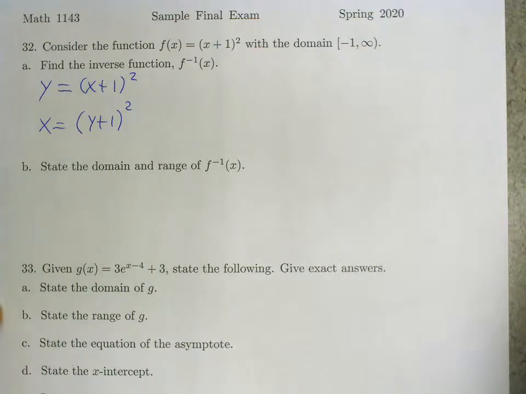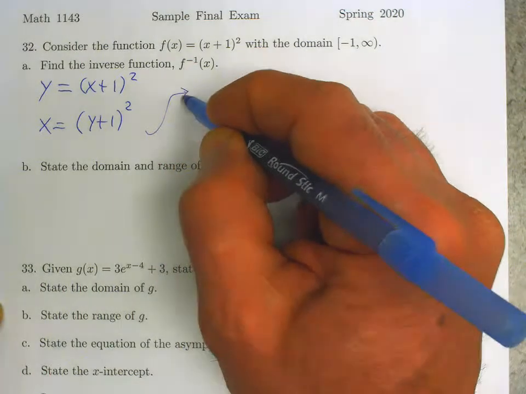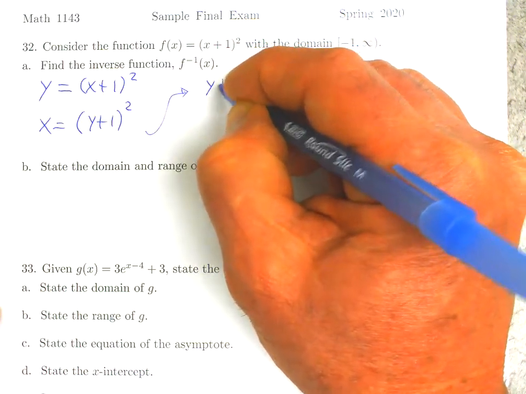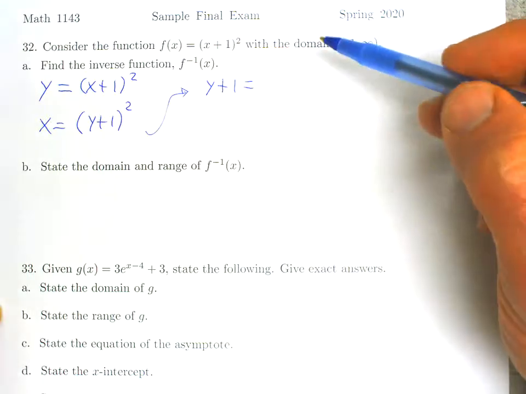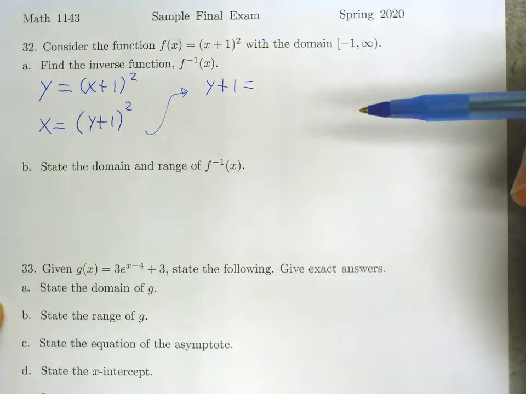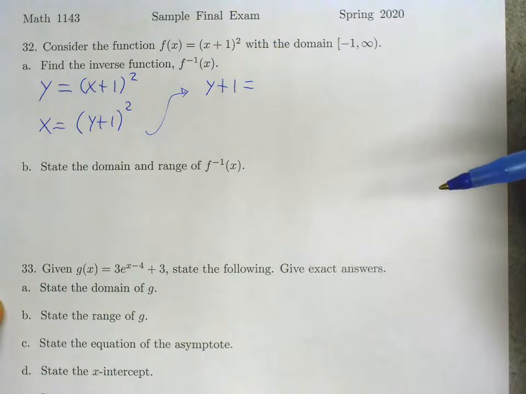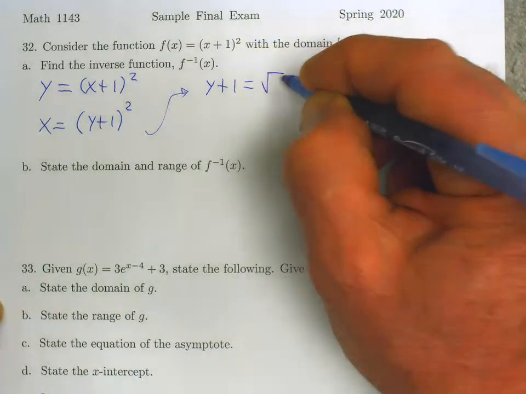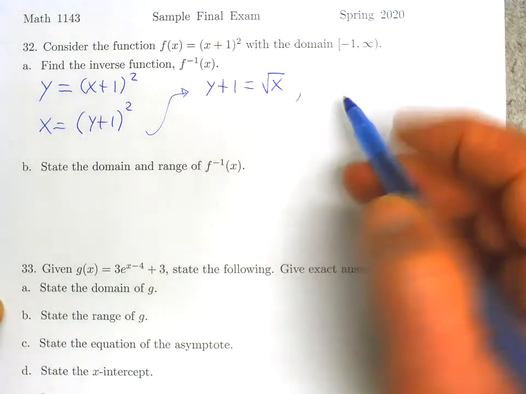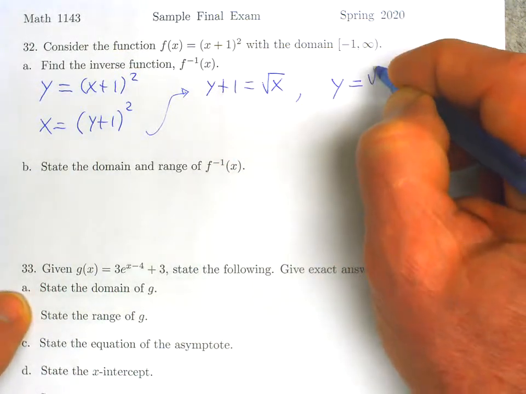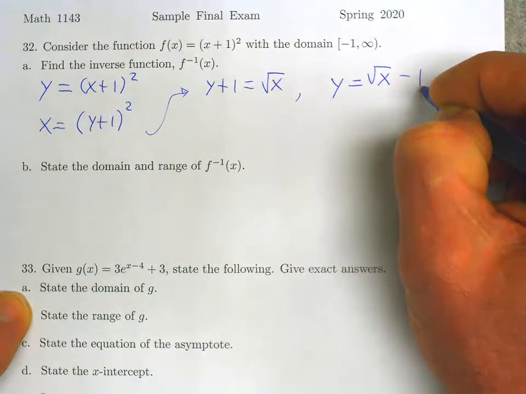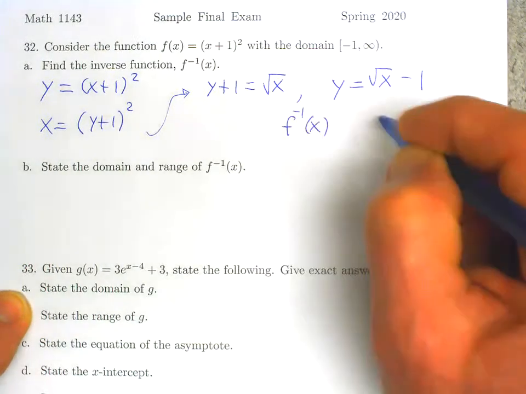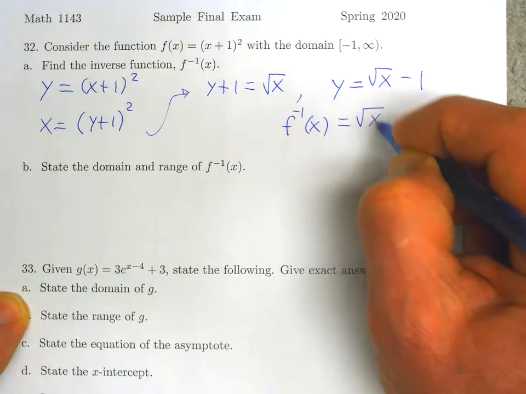So when we apply the square root property, the question is, well, y plus 1, is that the positive square root of x or the negative square root of x? Well, we already know the answer. It should be the positive square root of x. And then subtract 1, we get y equals the square root of x minus 1. And so f inverse is the positive square root of x minus 1.